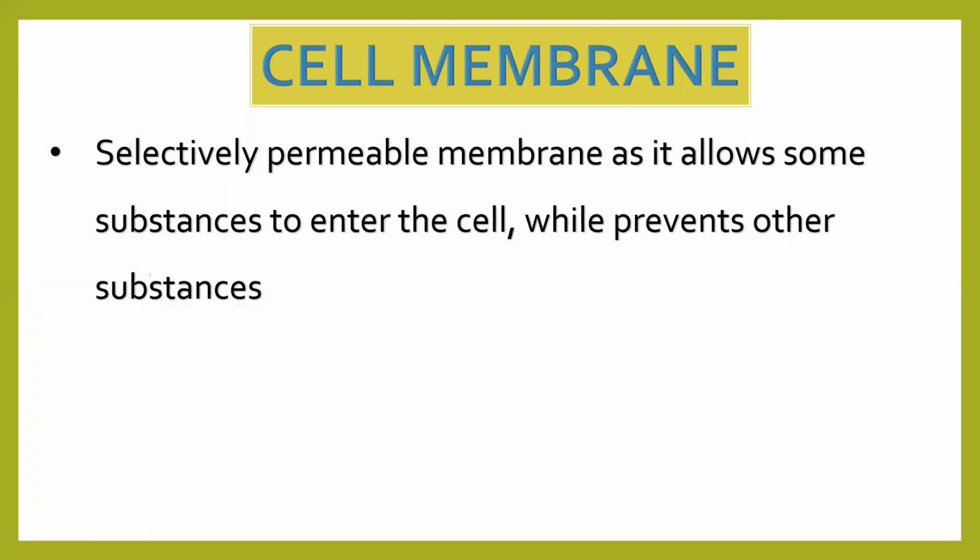Permeable means one which will permit things to pass through it, which will allow any molecule to pass through it. That is the meaning of permeable membrane. Membrane is nothing but a thin layer. So now I hope you are getting the meaning of selectively permeable membrane.